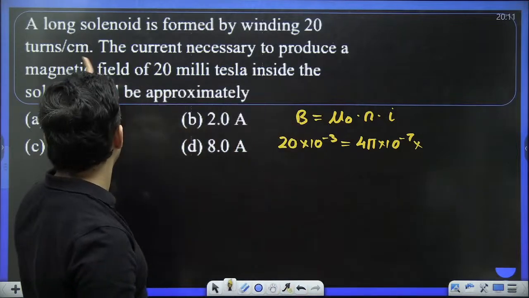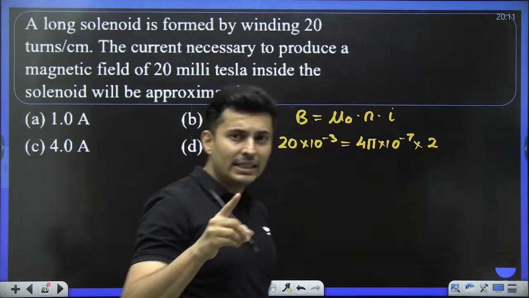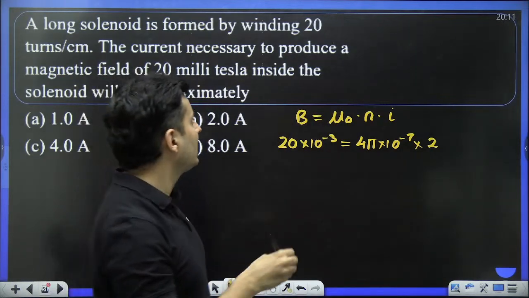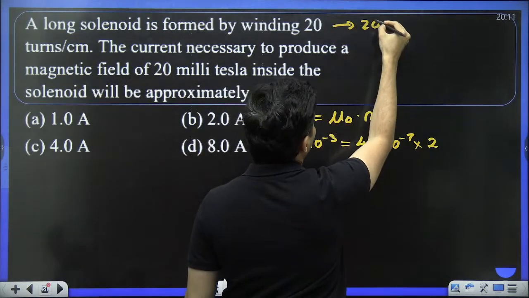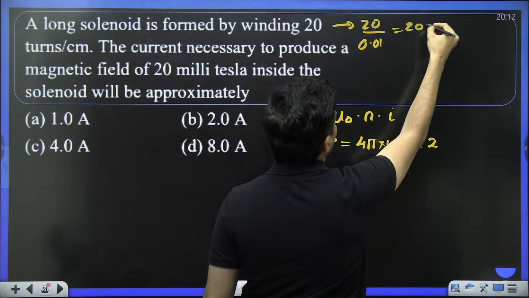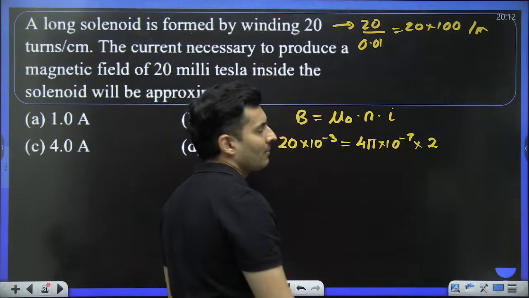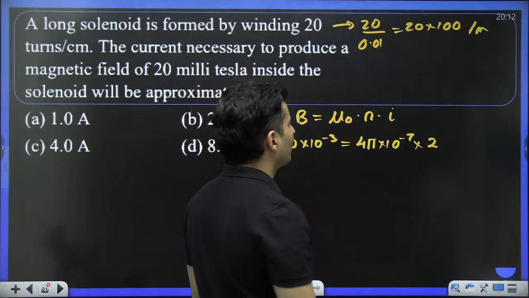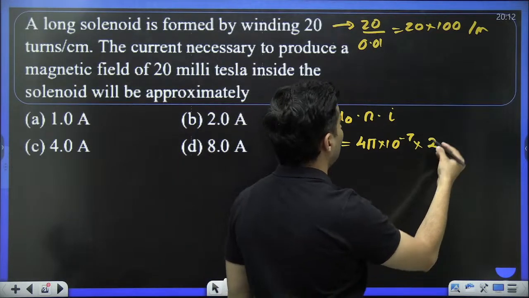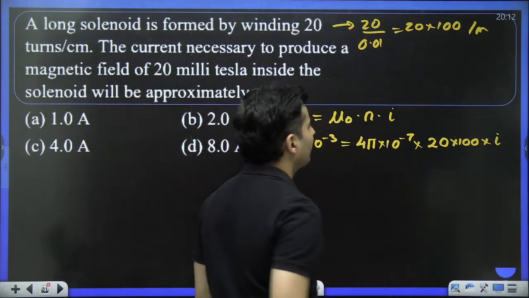Number of turns is 20 per centimeter, and 1 centimeter is 0.01 meters, so it will be 20 into 100 turns per meter. So I'll have to put over here number of turns as 20 into 100, and lastly I have to find the current.